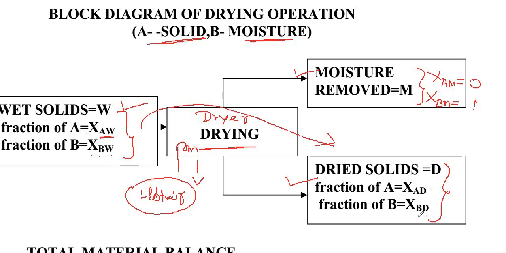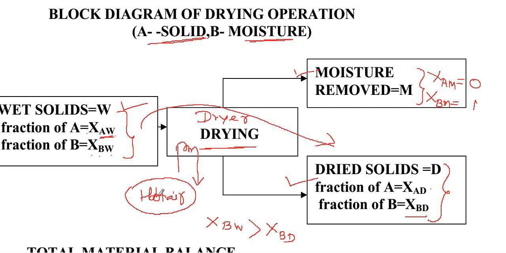This XBD, the fraction of moisture in dried solid, must be less than XBW, the fraction of moisture in wet solid, because our operation is drying, that means we are removing a certain amount of moisture.